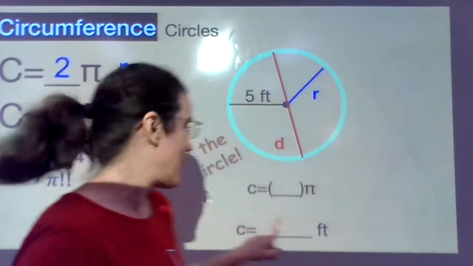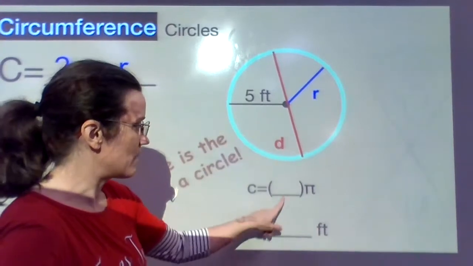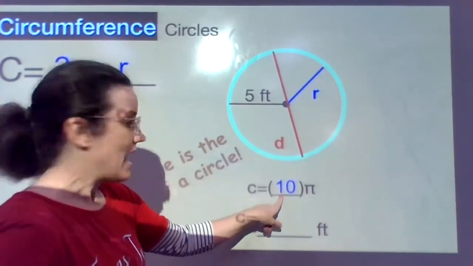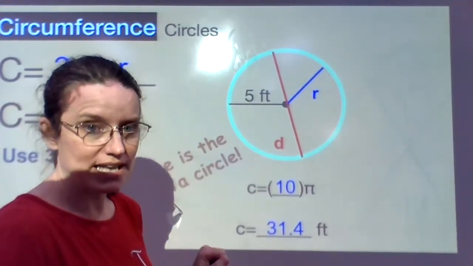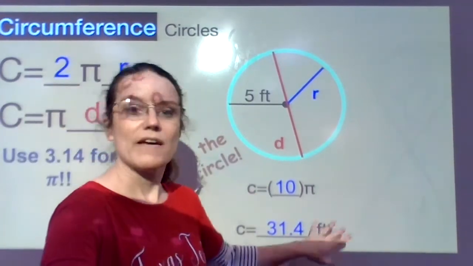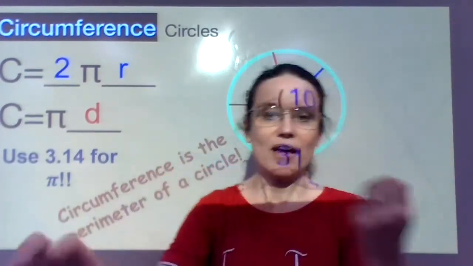So we'll use that for pi, and we're going to use our 5 for our radius. So 2 times that will give me 10, and then times that 3.14, my circumference is going to end up being 31.4 feet. And so, yay, you found the circumference or perimeter of this circle.